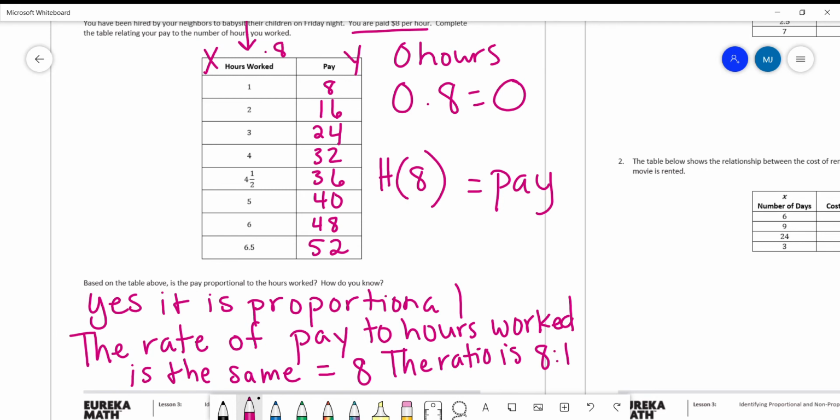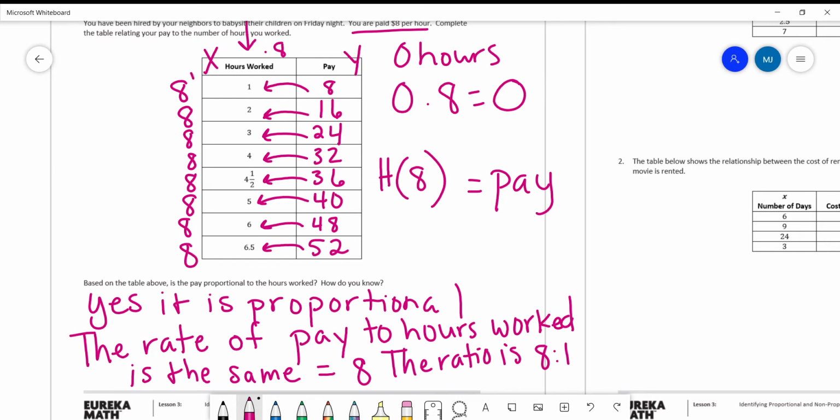You can also go in reverse and check the division here. So if this is y, divide y by x. And every single time that you divide this, 8 divided by 1 would be 8, 16 divided by 2 is 8, 24 divided by 3 is 8, 32 divided by 4 is 8, 36 divided by 4.5 is 8, 40 divided by 5 is 8, 48 divided by 6 is 8, and 52 divided by 6.5 is also 8.